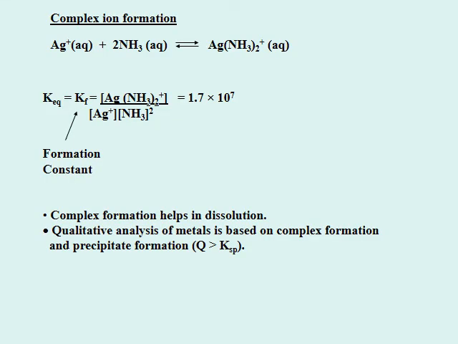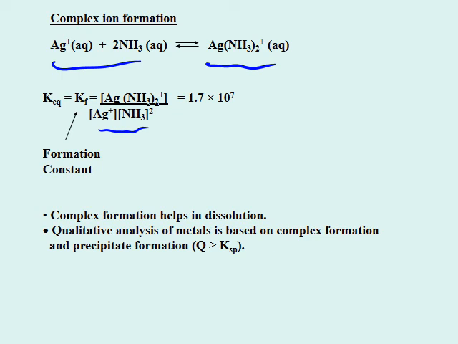Now here we're showing you complex ion formation between silver plus and ammonia. That's how most silver chloride goes in water solution. It forms silver amine complex. Now the equilibrium constant for this kind of complex formation reaction is defined similarly. The product on the top and reactants on the bottom raised to the power of coefficients of the balanced reaction.